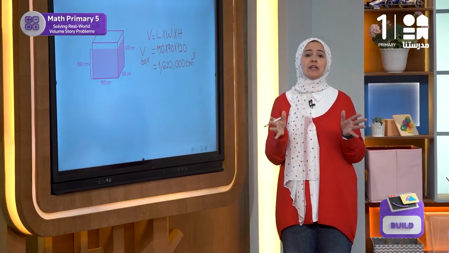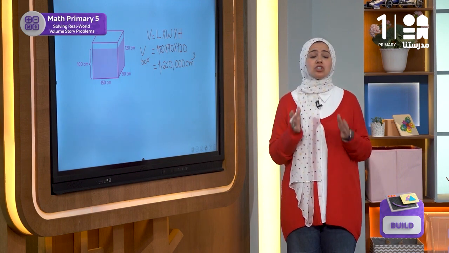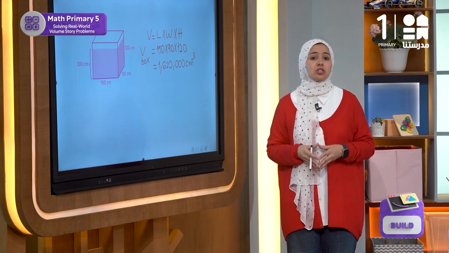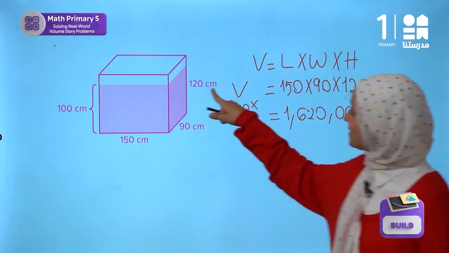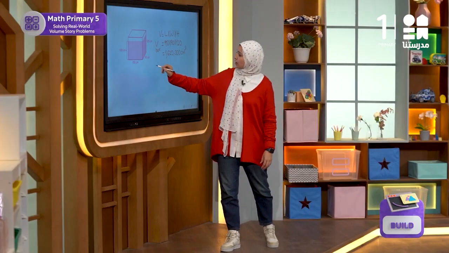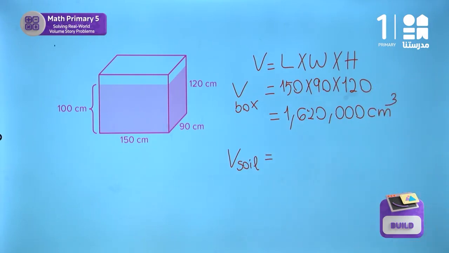Now, how do we calculate the volume of soil? Exactly. We will use the dimensions of the soil, and the difference between the dimensions of the soil and the dimension of the box are in the height only. So to find the volume of the soil, we are going to multiply what?